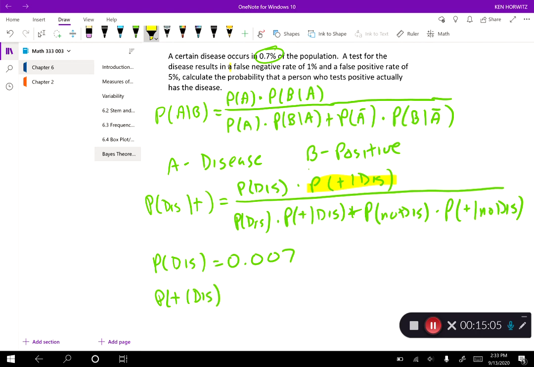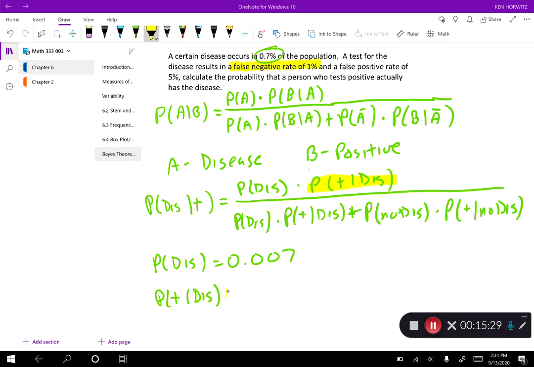Well, we have a false negative rate of 1%. A false negative rate, negative means the test shows that you're not sick, but you really are, was 1%. So we need the true positive rate.